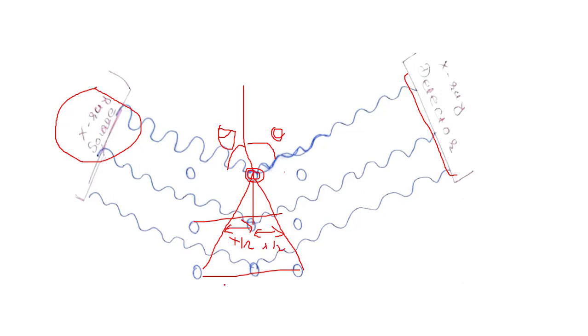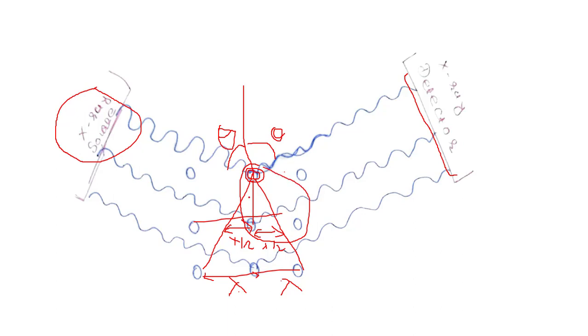In the same way for the next layer, this length becomes lambda and this length becomes lambda also, and for the next layer it will become 2 lambda for this and 2 lambda for this. So from this we can generate one triangle to find the distance.